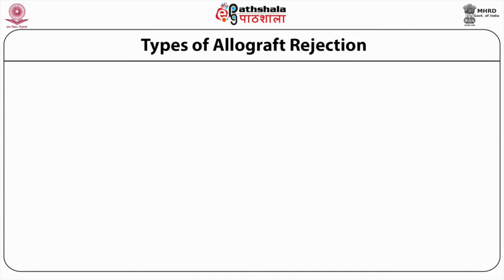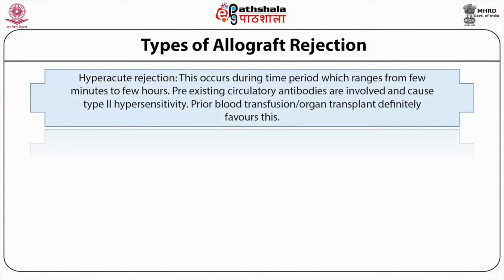The first type of the allograft rejection is the hyperacute rejection. This occurs during a time period which ranges from a few minutes to a few hours. Pre-existing circulatory antibodies are involved and cause type 2 hypersensitivity. Prior blood transfusion or organ transplant definitely favors this.